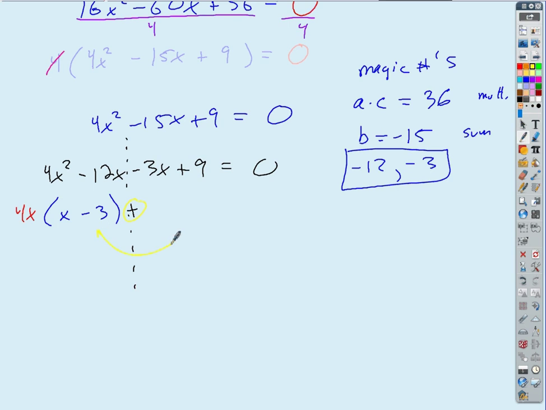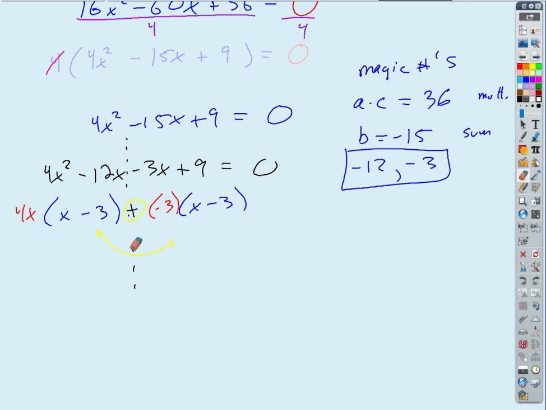Okay, it has to have that same leftover, or grouping won't work, but it will. If you can find magic numbers, factoring by grouping is guaranteed to work for a trinomial. Every time. So what's going to be the greatest common factor I have to undistribute to get that? -3. Okay, and now you have it, don't you?